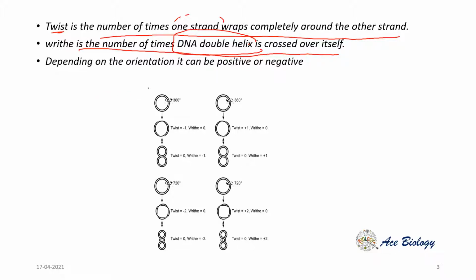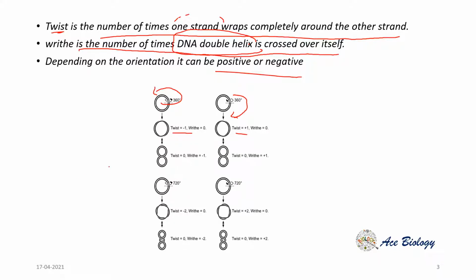Now, depending upon the orientation, the values of twist and writhe can be either negative or positive. Here in the diagram, in the first case, there is an anti-clockwise turn and the value of twist is negative. Here there is a turn in the clockwise direction and the value of twist is positive.